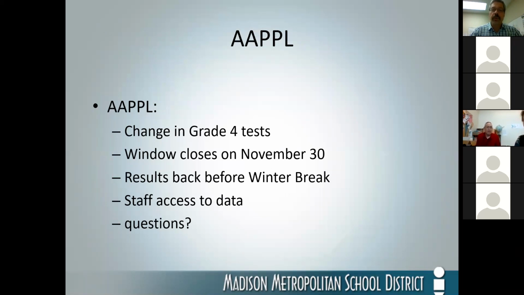That was not what was originally decided, but there was a compelling argument why we should not give 4th graders more assessment. So that's changed. I've sent out tickets to all the schools. Reminder that the window closes on November 30th. The results are back in district before winter break.